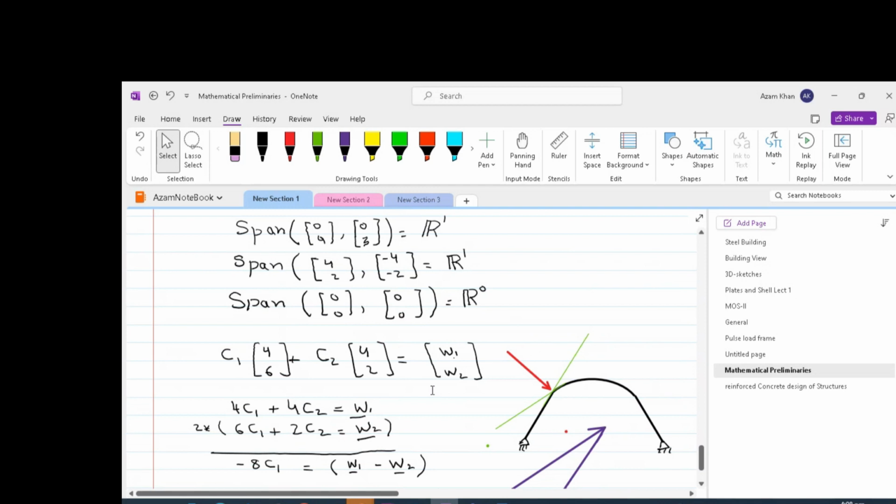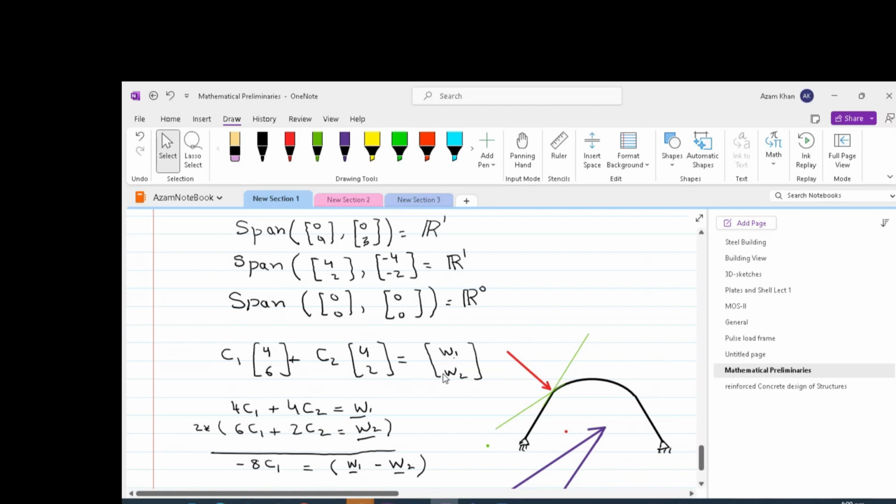Now, just to demonstrate how we can get any vector from a combination of V1 and V2, we can write this in a simultaneous equation form. So C1 multiplied by the components of V1 plus C2 multiplied by the components of V2 is equal to any vector W1, W2.